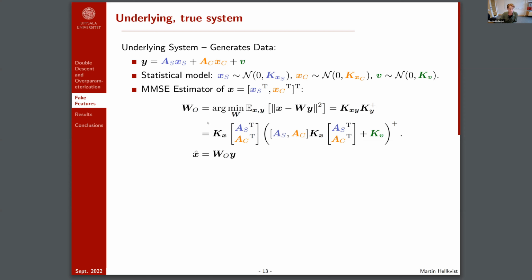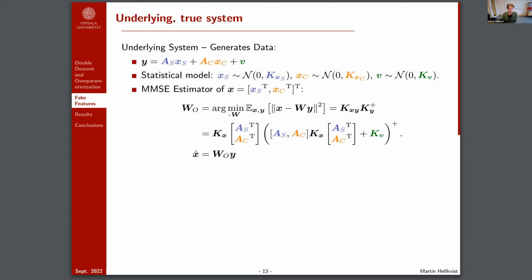Using this linear optimal estimator, WO, we get the estimate for X, which is X hat, as W times Y. This estimator is the best we can do in terms of XS and XC if we have the full knowledge of the model and the respective covariance matrix.